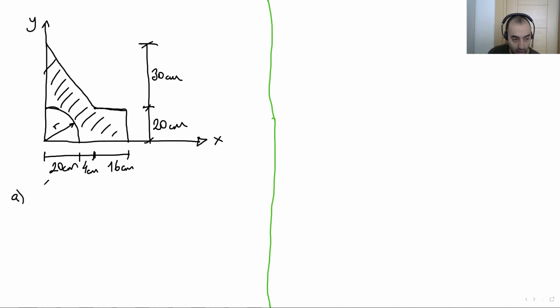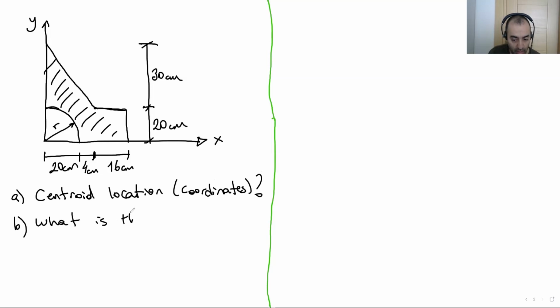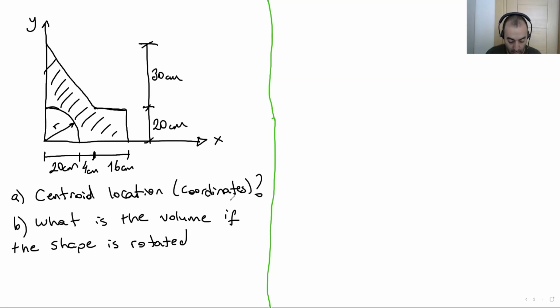Okay. Here the question is again, calculate the center of gravity point of this given shape. The first one is the centroid location or coordinates. And what is the volume if the shape is rotated around the y axis?